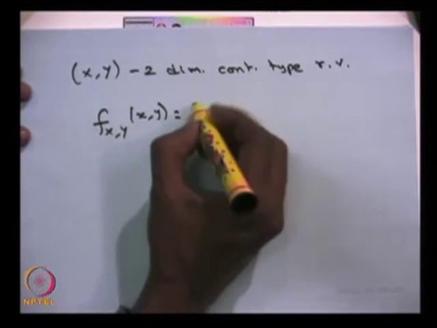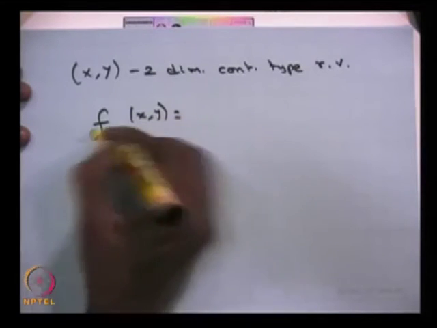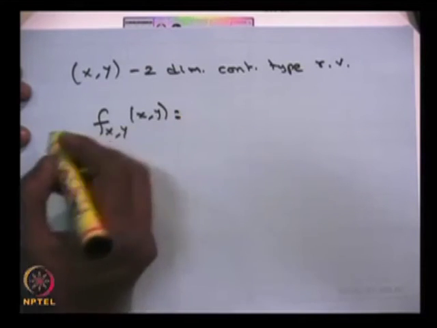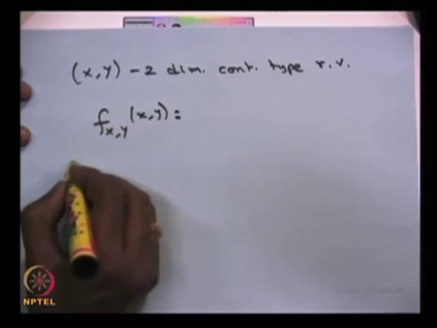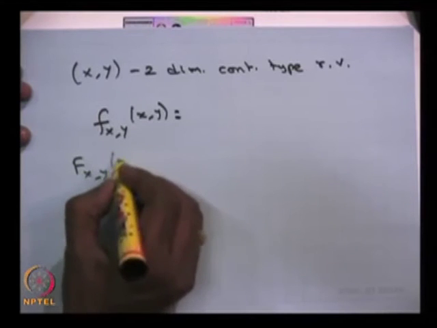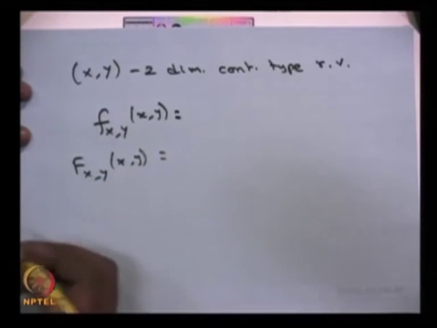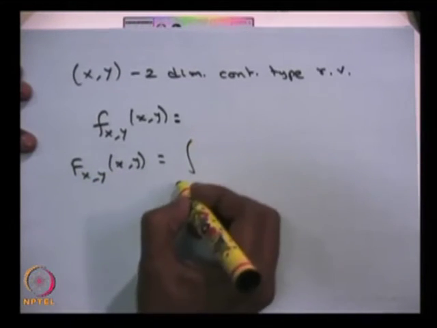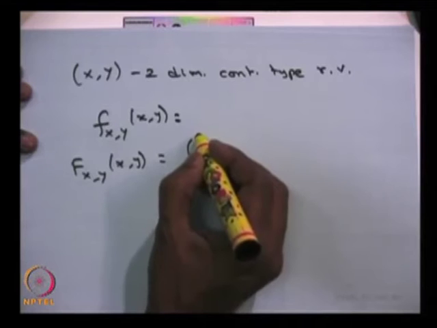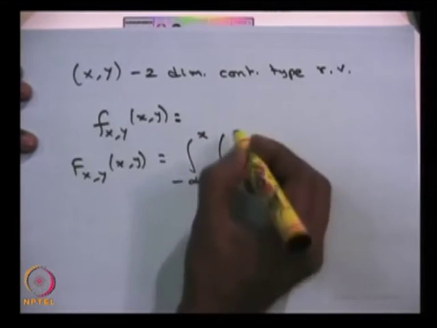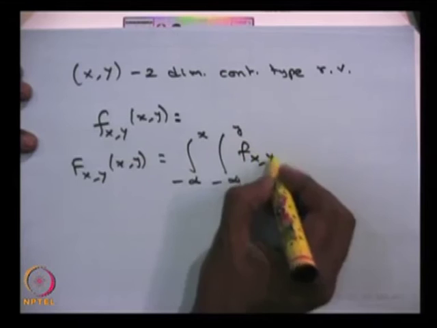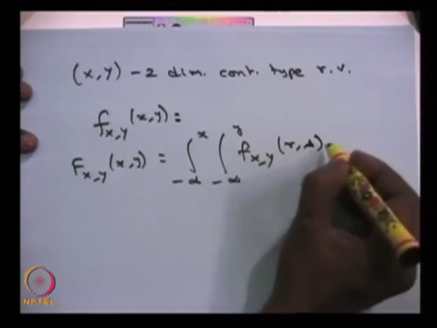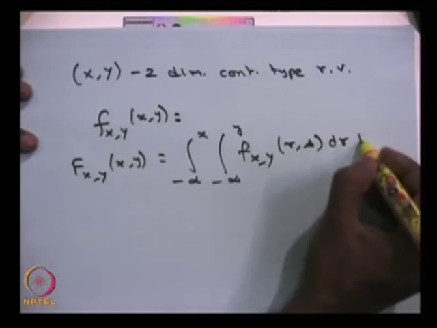You can relate this joint probability density function with the CDF. The CDF of the random variable is nothing but the integration from minus infinity to x and the integration from minus infinity to y of the integrand f of r comma s, where dr is with respect to x, and this is ds.